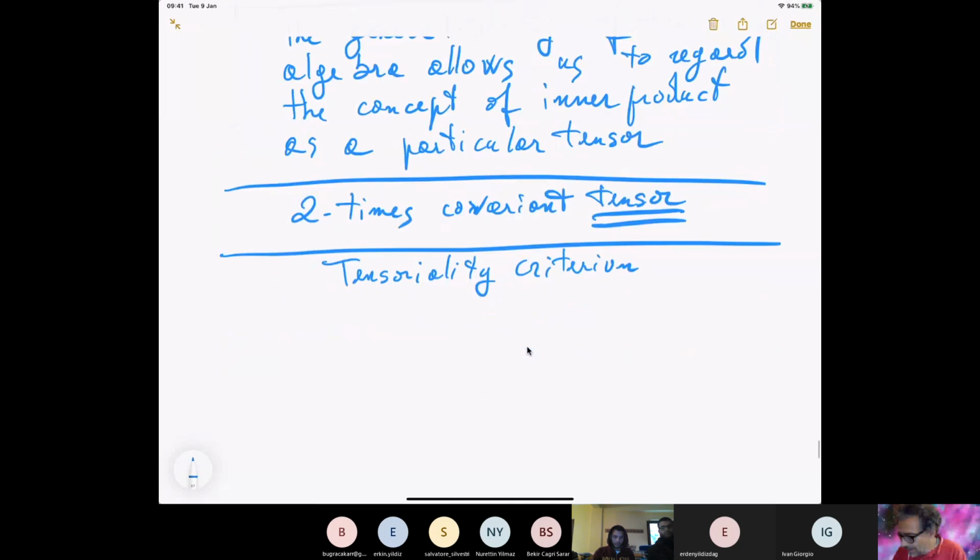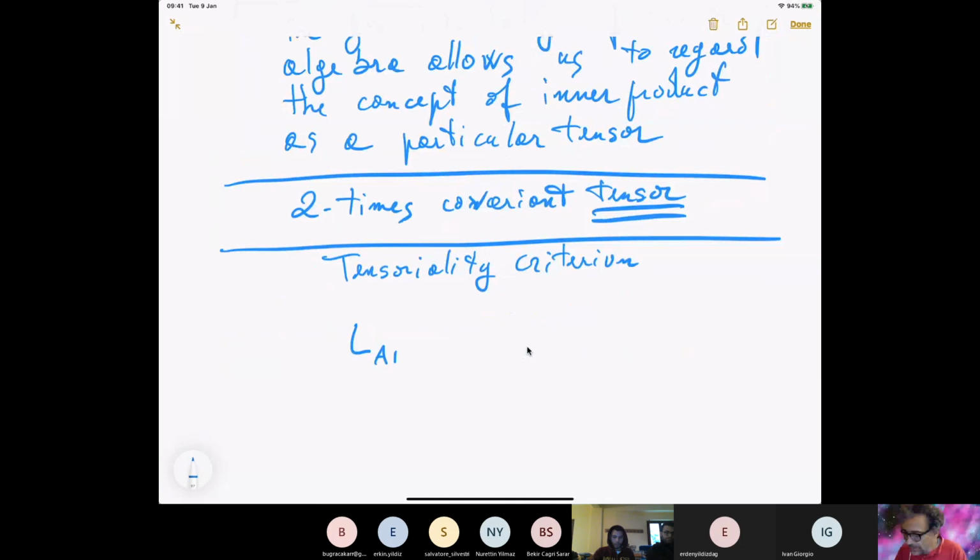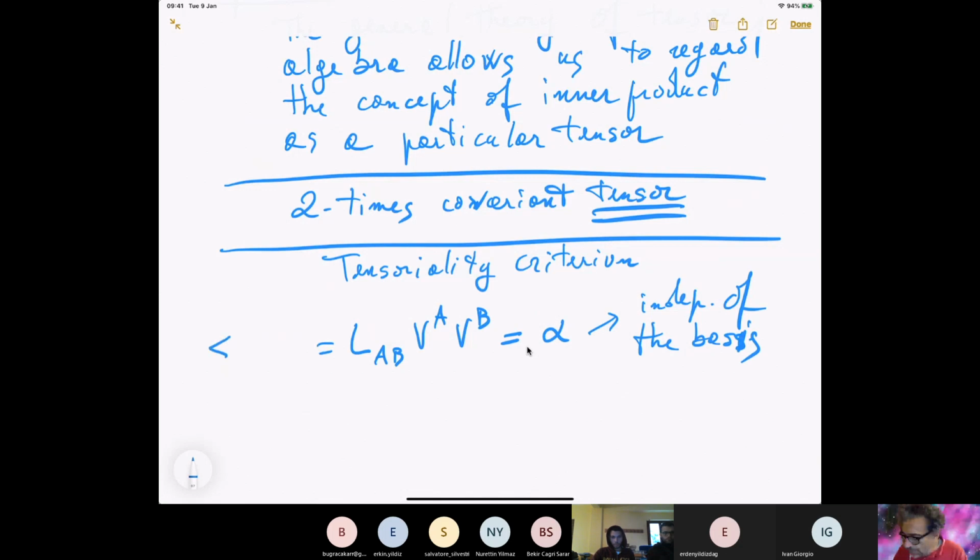You have L(V, W) equal alpha, and alpha is independent of the basis, because the inner product, our inner product, being a bilinear symmetric map, we also have that L_AB is equal to L_BA. This is symmetry.